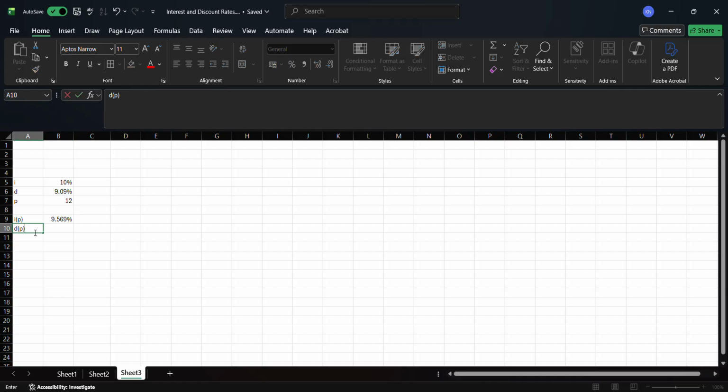And we can do the same to get our nominal discount rate convertible monthly. So this will be, forgot my equals, 12 times 1 minus 1 plus the interest rate to the power of minus 1 over the number of subintervals again.